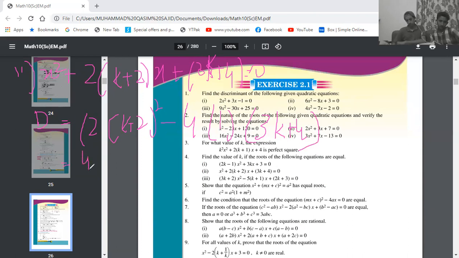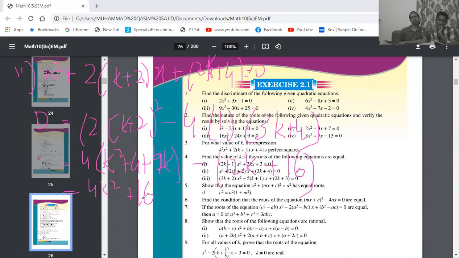This value is 4, then there must be a square plus b square plus 2ab, that is 2 multiplied by 2, that is 4k. Then there is a negative sign, then this value must be 4 times 3, that is 12k, plus 16.